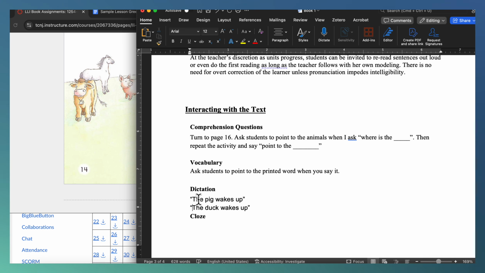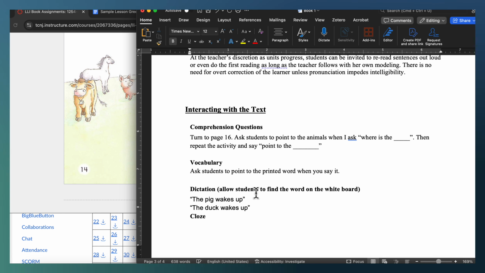Most likely on the very first day, I'm going to have to say the word the twice, three times. And they're going to have to try to recall how to spell it. Now, what I have done, especially supportive on day one, is allow students to find the word on the whiteboard, if needed.